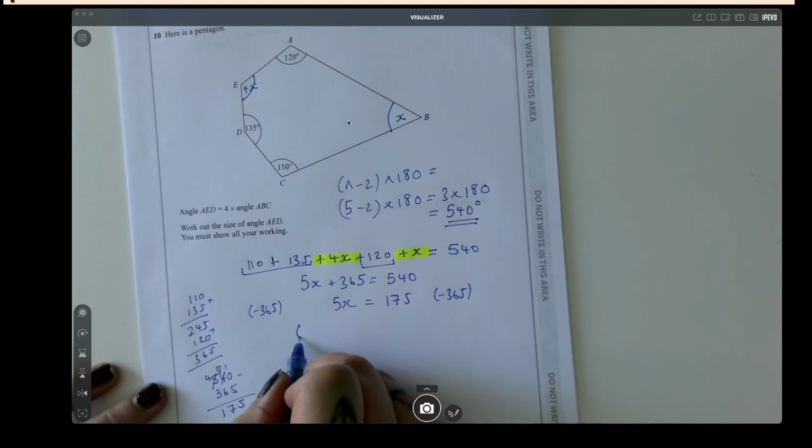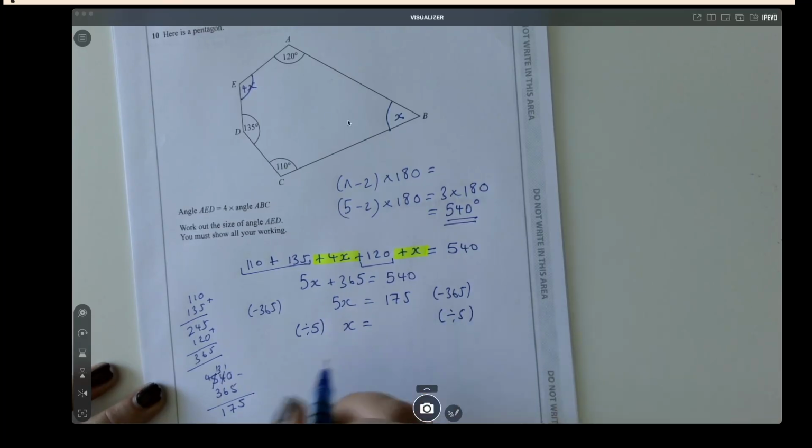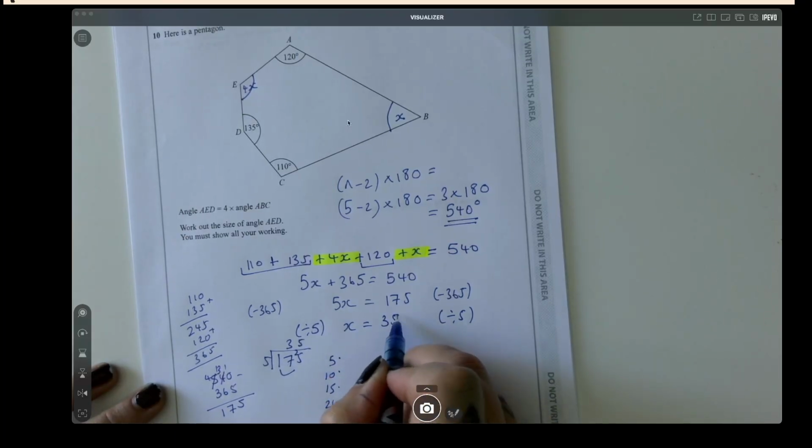And then we're going to divide by 5. Fives into 17, 1, 2, 3. 15 to 17 is remainder 2. 5s into 25, 1, 2, 3, 4, 5. No remainder. So x is 35.